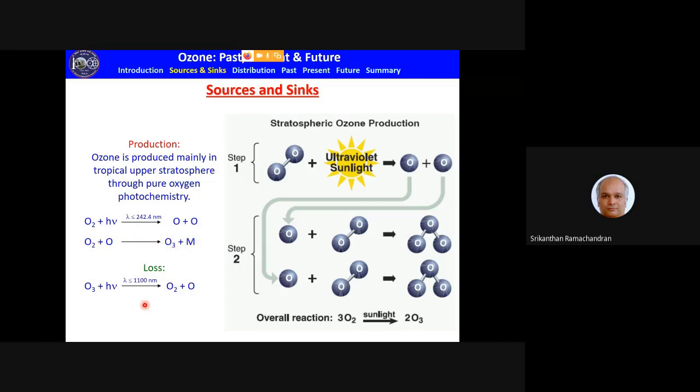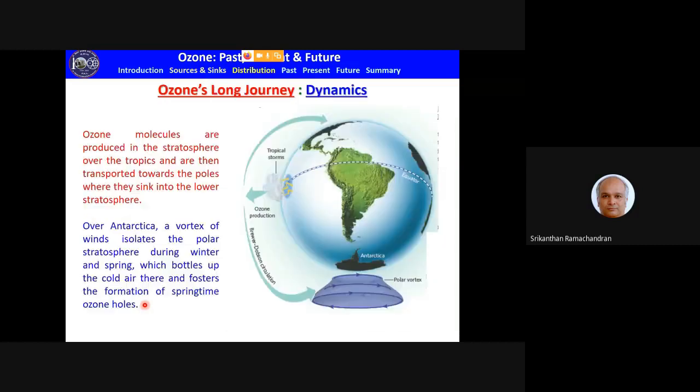And it is lost by radiation of less than about 1100 nanometer, again to oxygen. The ozone molecule breaks into an oxygen atom and molecule, and that's how it gets destroyed. So the overall reaction involves oxygen itself, where molecules react with the oxygen atom to produce the ozone.